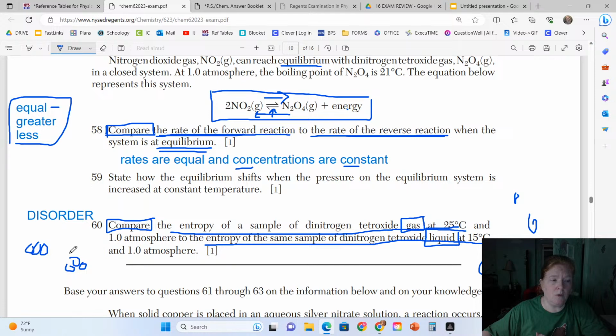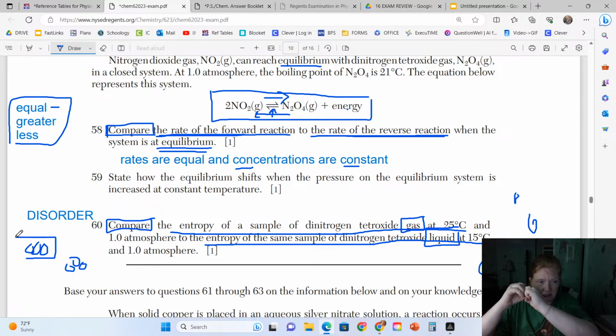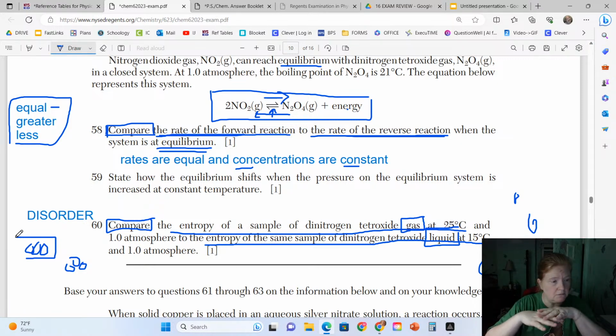Okay. So remember, in a solid, the particles are real organized, very little disorder. Yes, the gas has more entropy. So how you have to write it is the entropy of the gas is greater, the entropy of the liquid is less. In some way, write that. Yep. So the entropy of the gas is more.